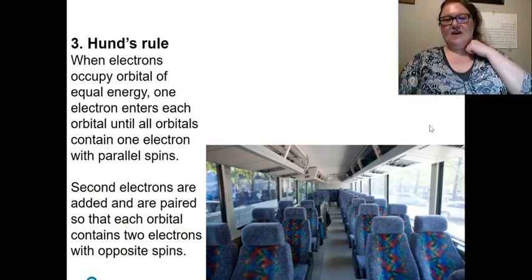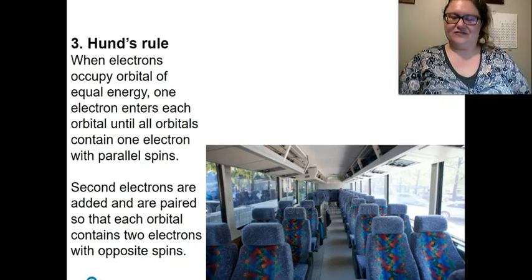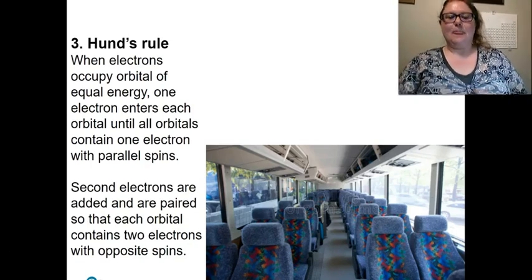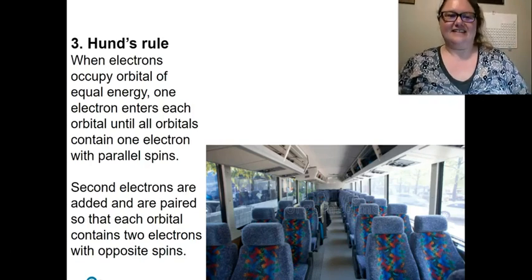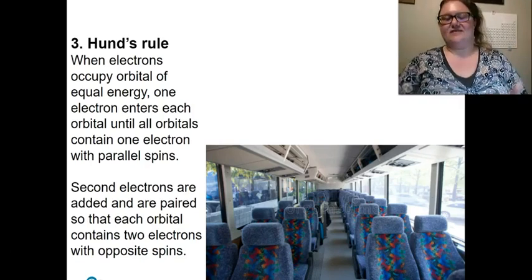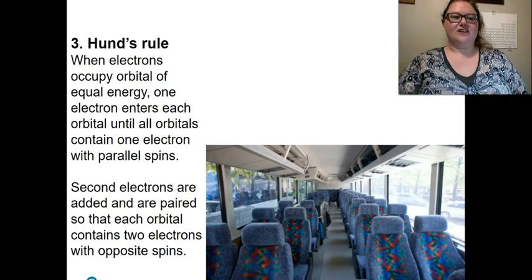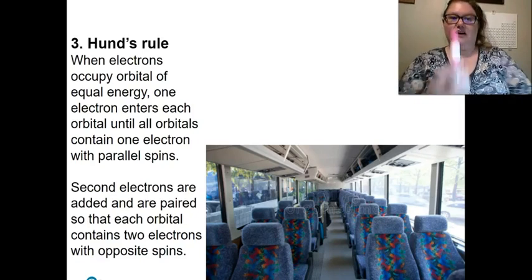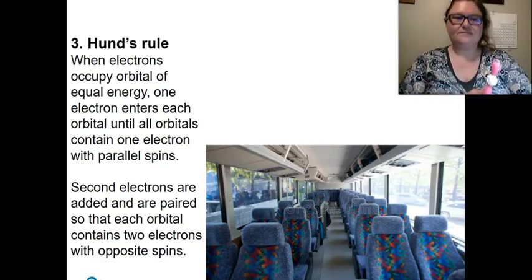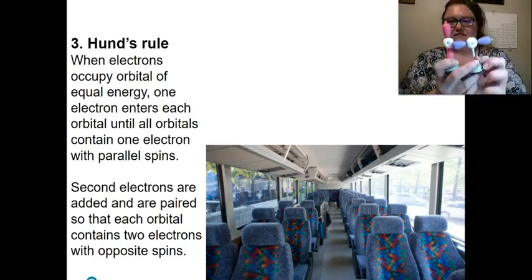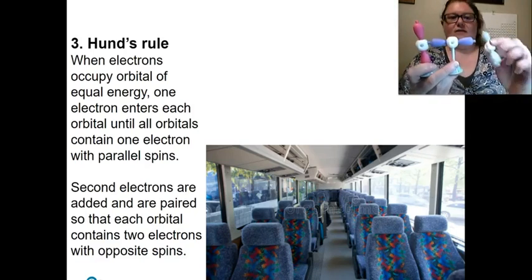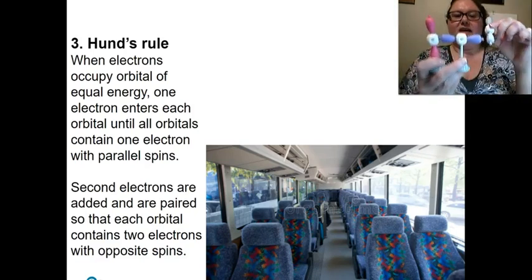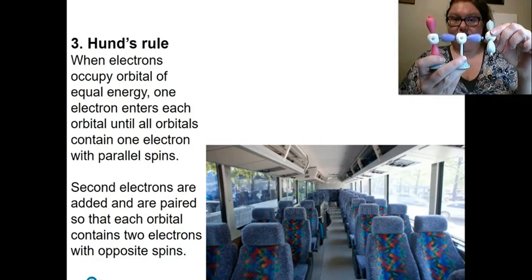And lastly, we have Hund's rule. This is named after another scientist, and I'm showing you the picture of a bus. That's for a reason. I'll get to that in a second. Let's read the book's definition first. When electrons occupy orbitals of equal energy, meaning all of the p's, so if this were 2p, they're in the same energy level, and that means they have the same energy.